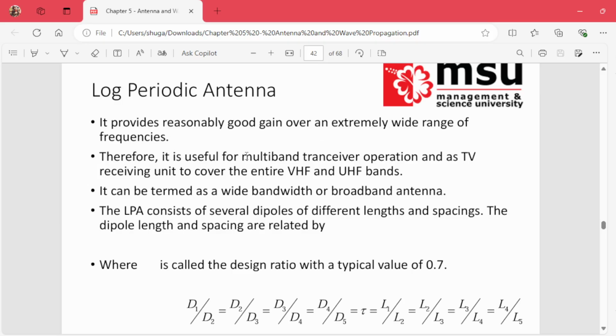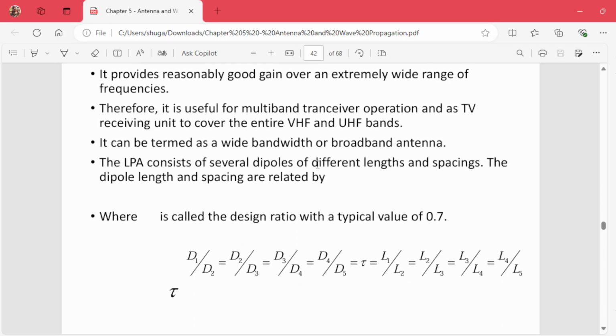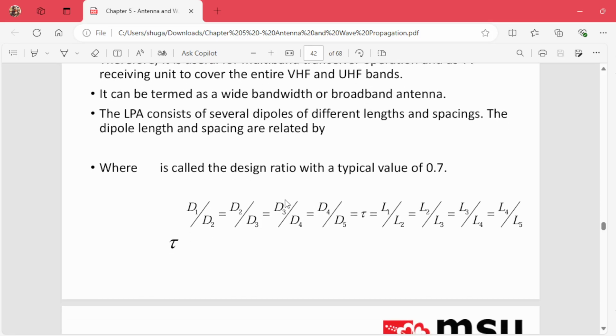Therefore, it is useful for multi-band transceiver operation and as a TV receiving unit to cover the entire VHF and UHF bands. These can be termed wide bandwidth or broadband antennas, consisting of several dipoles of different length and spacing. The dipole length and spacing are related by a design ratio with a typical value of 0.7.